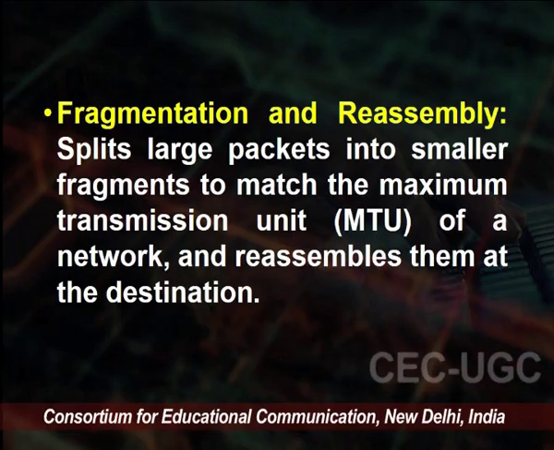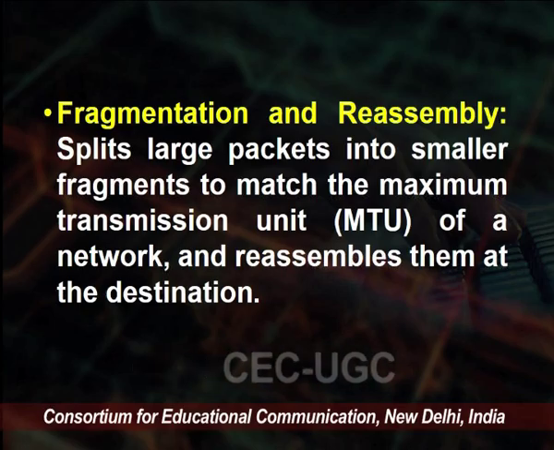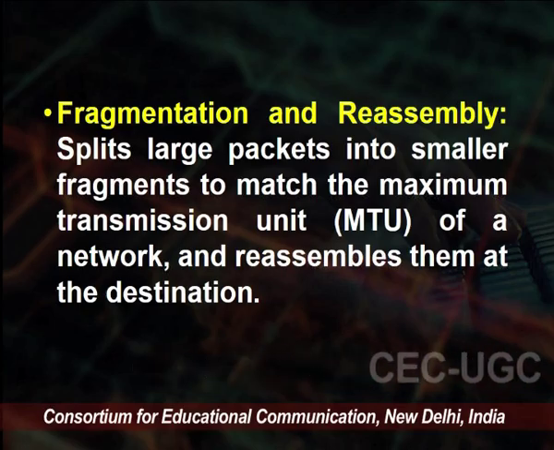Now, if the size of the packet is larger than the maximum transmission unit of a network, for example, let us say, a hypothetical example, the MTU of a network is 500 kb, and your packet has a size of 1000 kb, then that has to be divided into smaller packets.